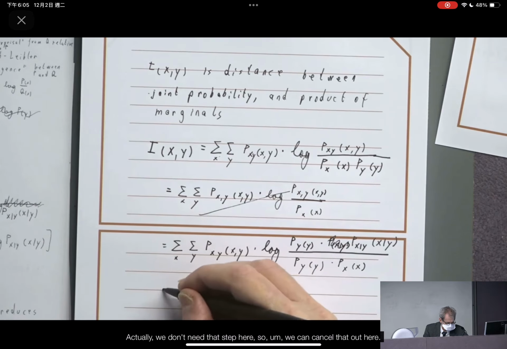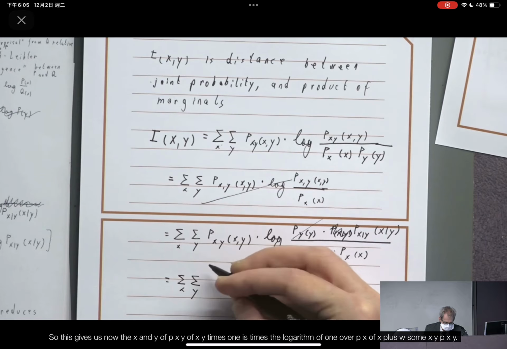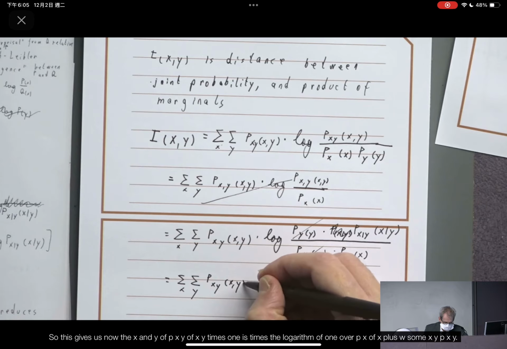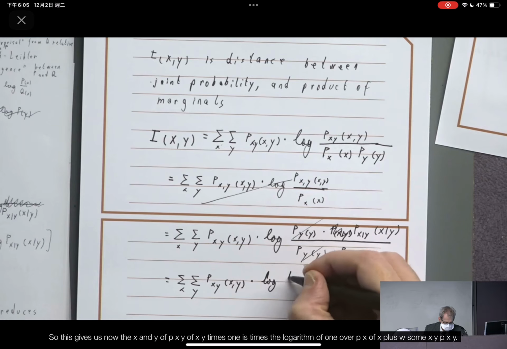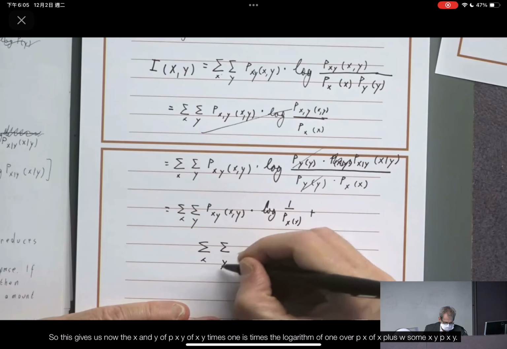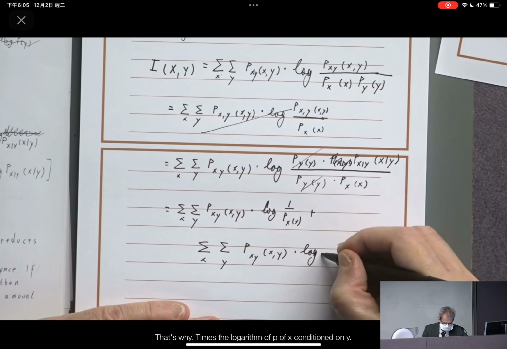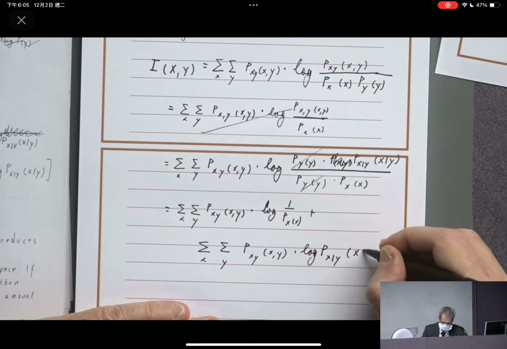Actually, we don't need that step here, so we can cancel that out here. So this gives us now the sum over x and y of Pxy of xy times the logarithm of 1 over Px of x, plus the double sum over xy of Pxy of xy times the logarithm of P of x conditioned on y. Right?